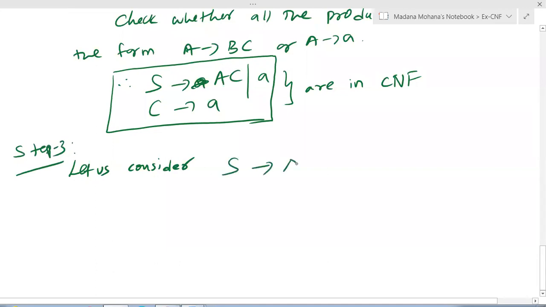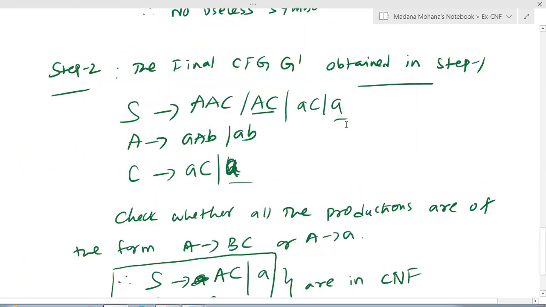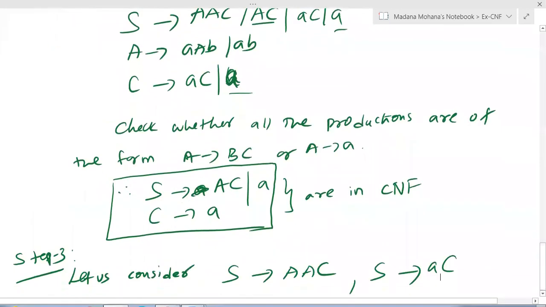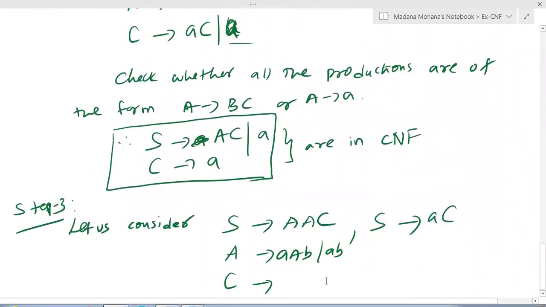S derives AAC, then S derives, all other productions you can take. Then AC. Similarly A, all productions you can take. Why? Because all A productions are not in either of the two forms. A derives AAB or AB, then C derives, one production is not in the form AC.